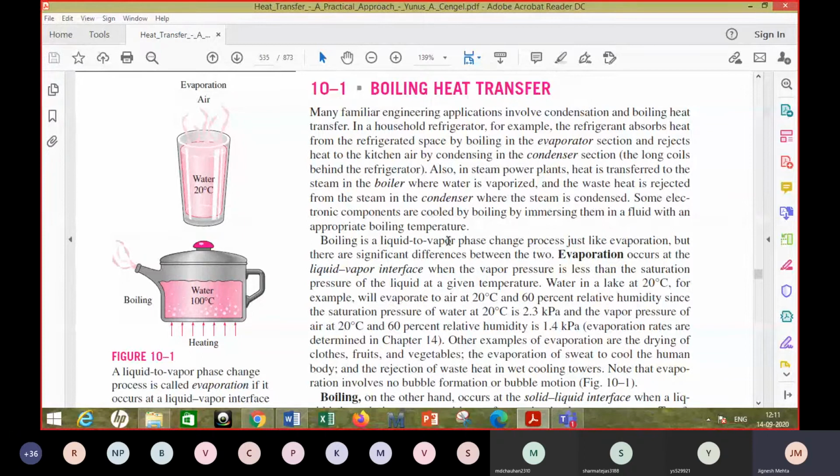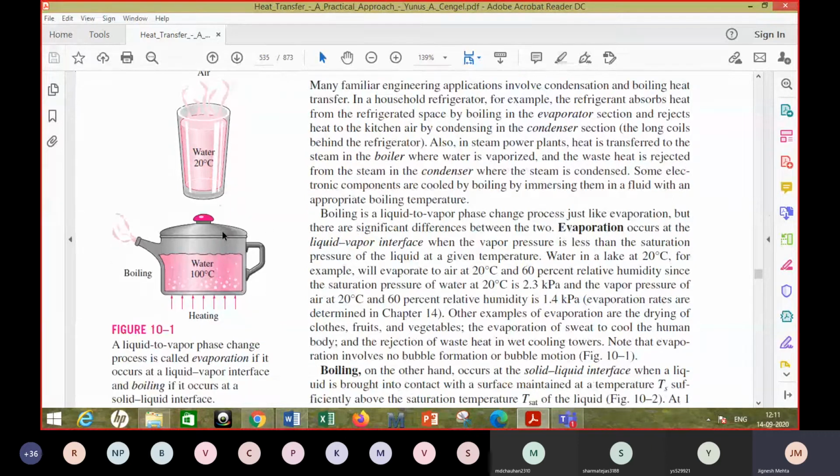It can be 30, 35 degrees Celsius, but there is still evaporation taking place. Of course, higher the temperature, higher would be the evaporation rate of water from the free surface of water into air. So that's evaporation.